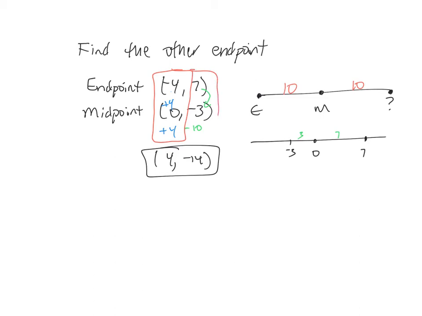How much does it change just the y numbers? And then do that again. Just like if you drove 10 miles, you drive 10 more miles. You walked 10 feet, walk 10 more feet. Do the same thing. I didn't write this, but 7 minus 10 is -3. -3 minus 10, -14. You just keep going.